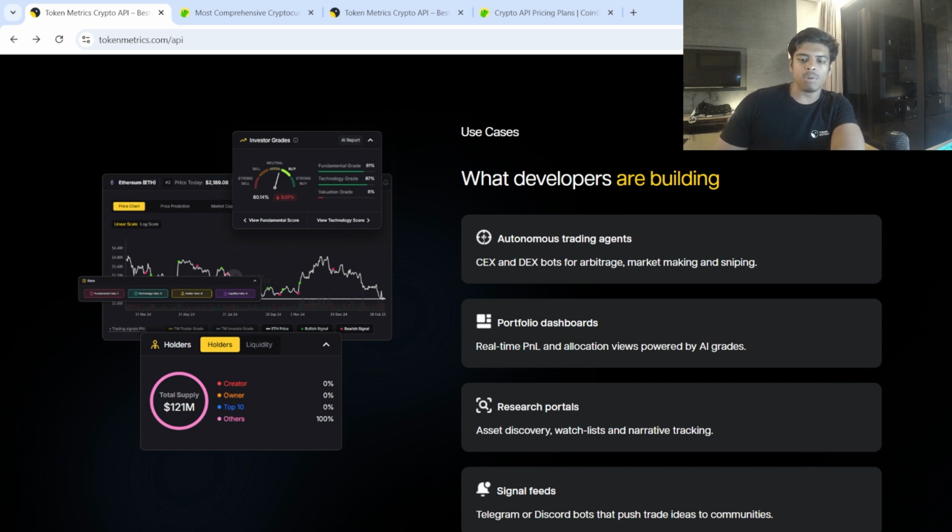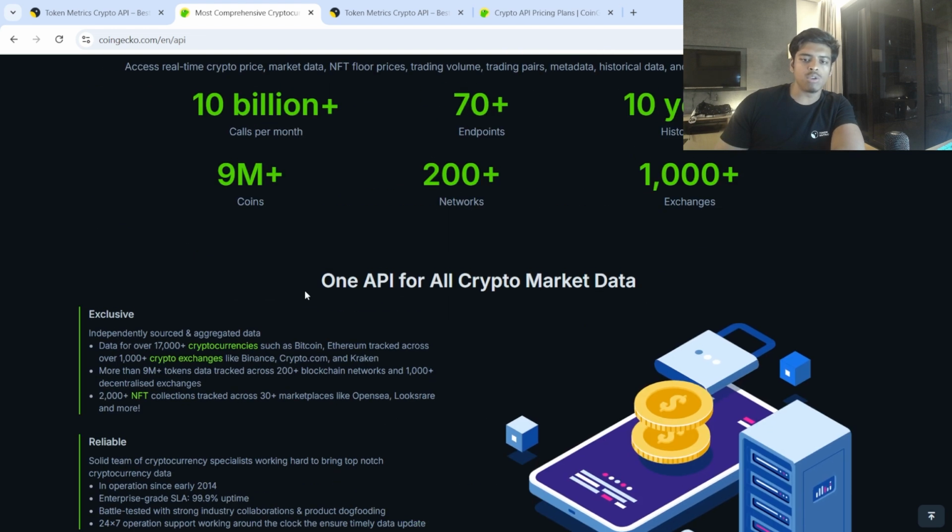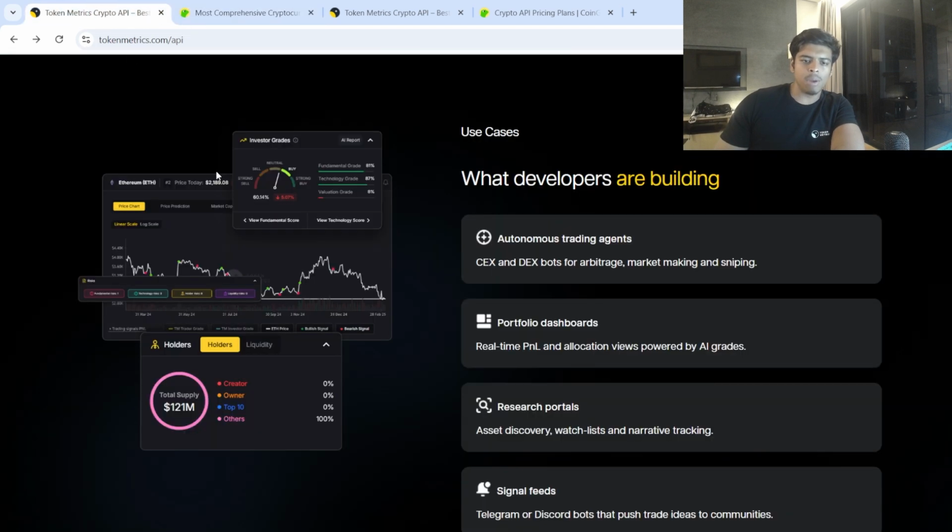Or if you're building a portfolio manager, portfolio dashboards, or research platforms, Token Metrics API is always going to be the better choice. However, if you just want the starting point of raw market data, CoinGecko would be a good option. But again, Token Metrics provides that as well. So you're getting raw market data while also getting analytics, trading signals, and a whole lot more.